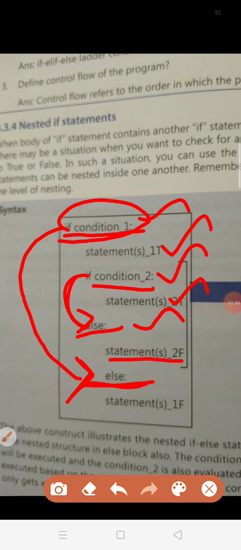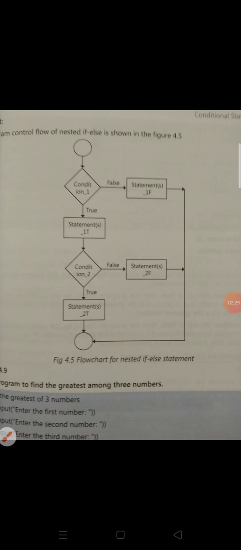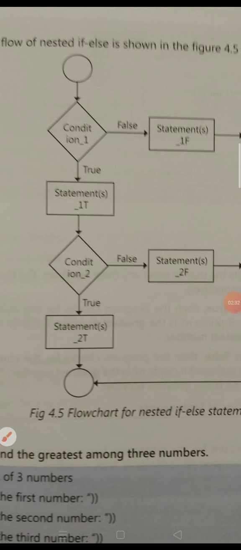So here you have two else parts. For the first else, the nearest if statement is the second one, so it will pair with your second if statement. The final else statement, since the second if statement is already covered, will be paired with if condition 1. When you see this same statement using an example, it will be more clear.